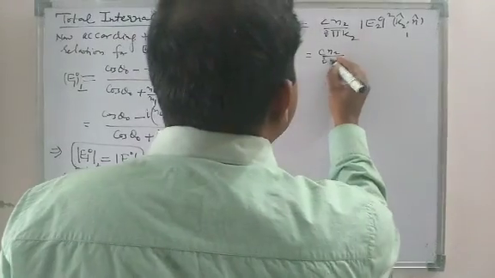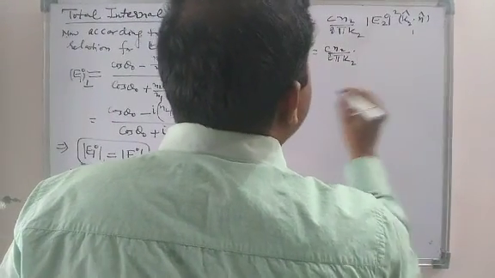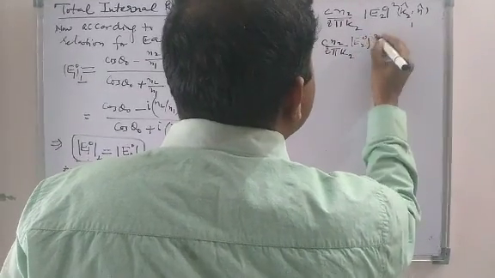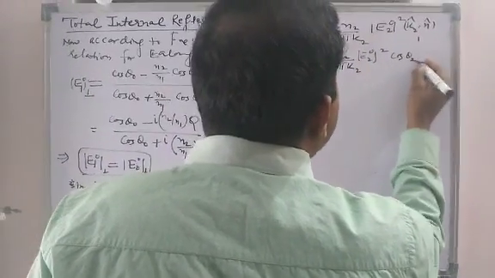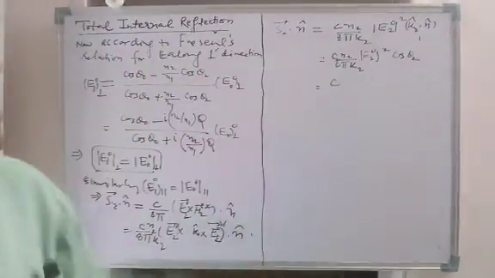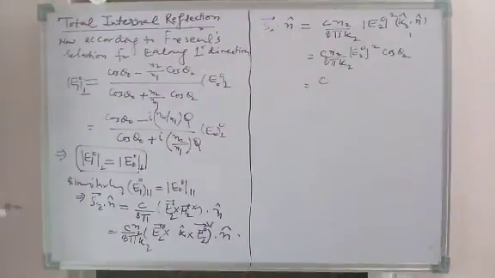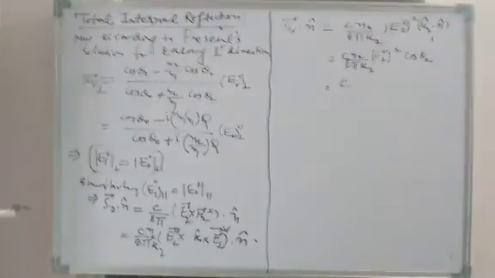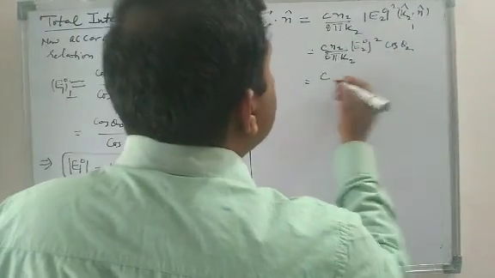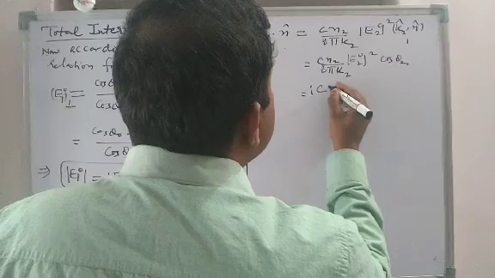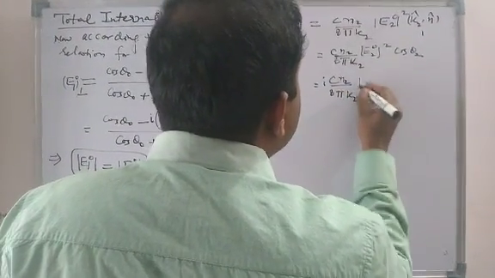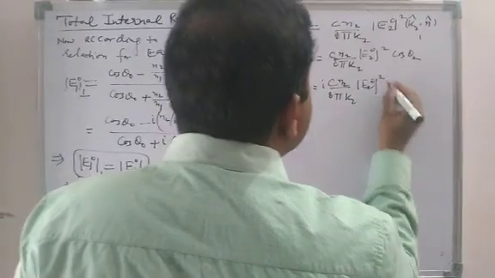So this is going to get you C by 8 pi K2 E2 naught square, and this is just cos theta 2, which when you solve, this is going to be C by 8 pi in K2 and E2 naught. So now cos theta is once again i times something. So this is i C n2 by 8 pi K2 E2 naught square.